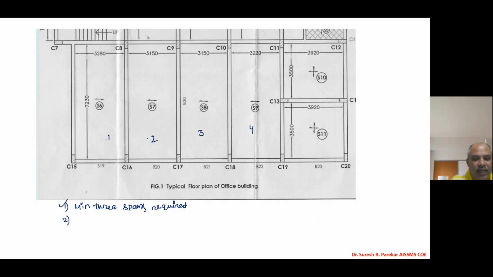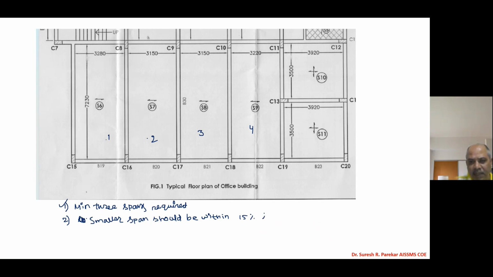Then we have the second criteria, that is, the lowest span, or we can say the smaller span, should be within 15% of the longest.